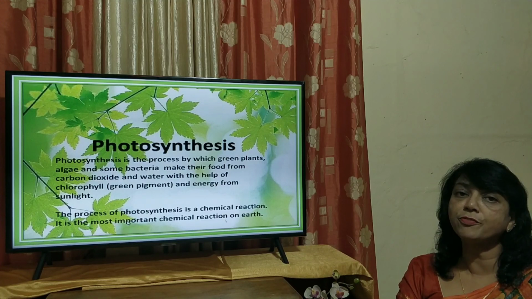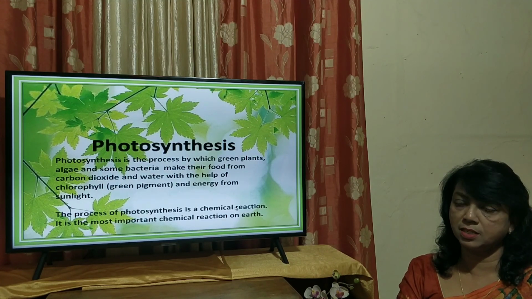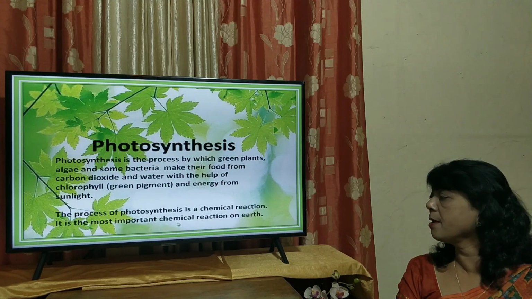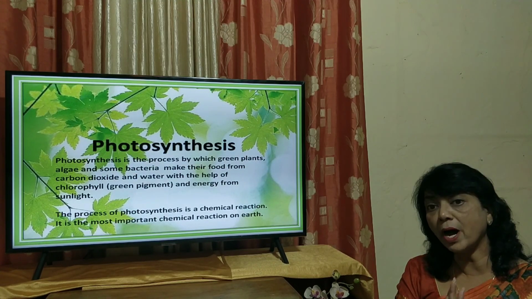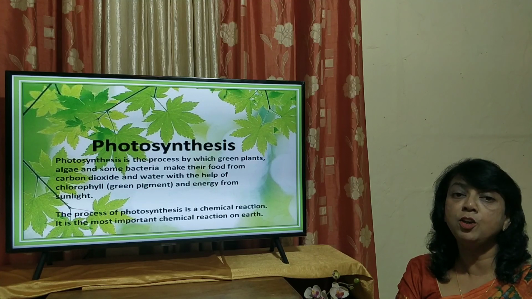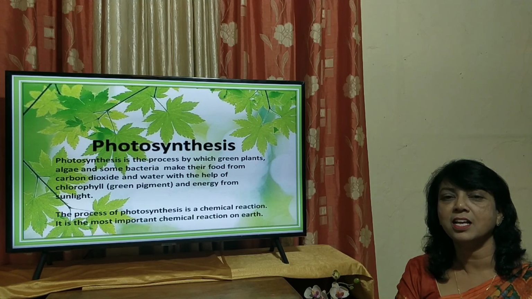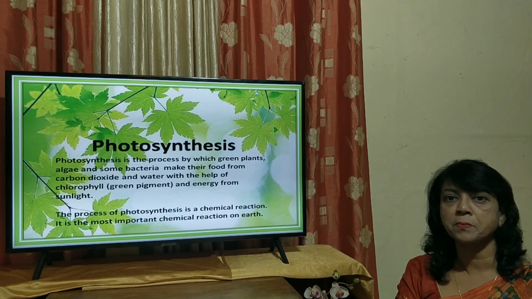Now the process of photosynthesis is a chemical reaction. It is the most important chemical reaction in the world. Why is it so important? Because had there been no photosynthesis, there would have been no life on earth.